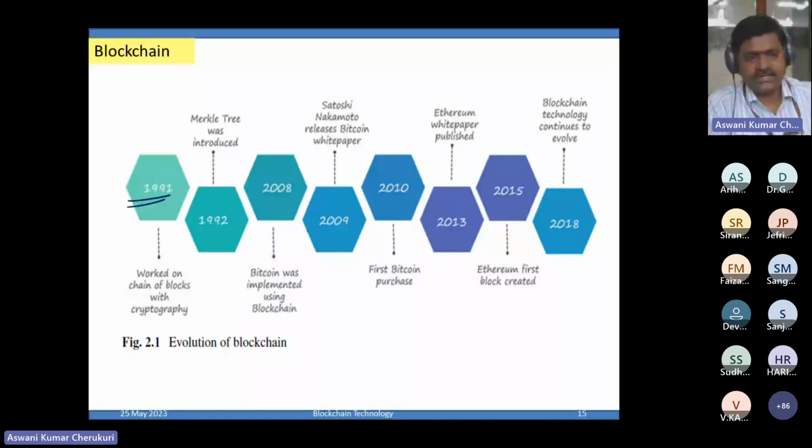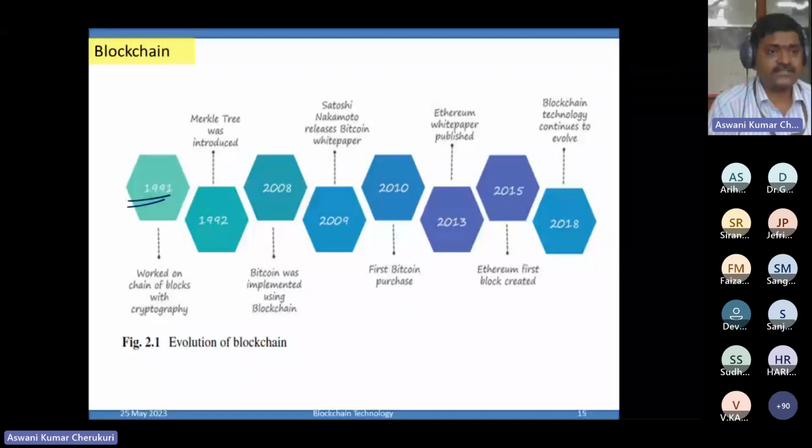Those who have already studied cryptography and the network security course, you must have studied the blockchaining principle, in which the data is created in the form of blocks and processed with the help of the blockchaining principle. Ciphers are created with the help of the blockchaining principle. So the philosophy of blockchain as such is already there in the literature from the early 90s itself.